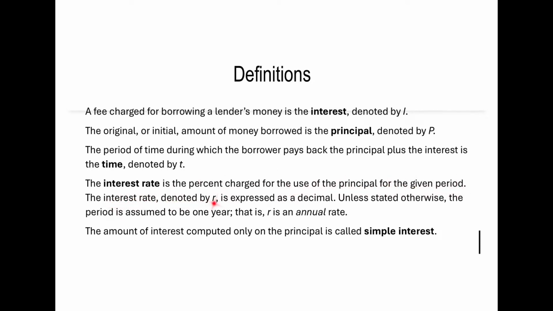The interest rate, denoted by R, is expressed as a decimal. Unless stated otherwise, the period is assumed to be 1 year. R is usually referred to in its annual rate, how much you pay over a year for that interest, even if you pay it back before then. And the amount of interest computed only on the principal is called simple interest.